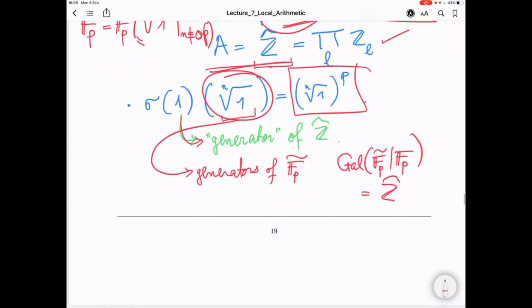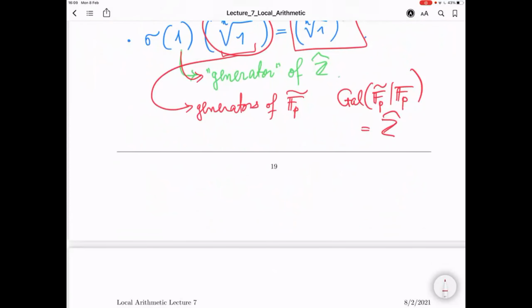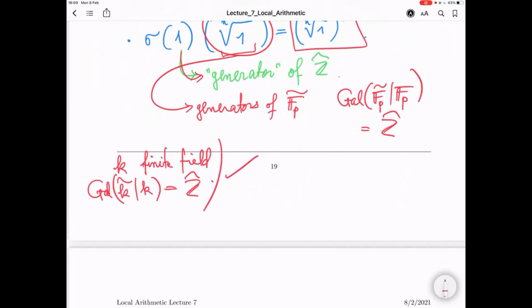In fact, what is interesting is if K is any finite field, and I take K tilde and look at the Galois group of K tilde over K, that is equal to Z hat.